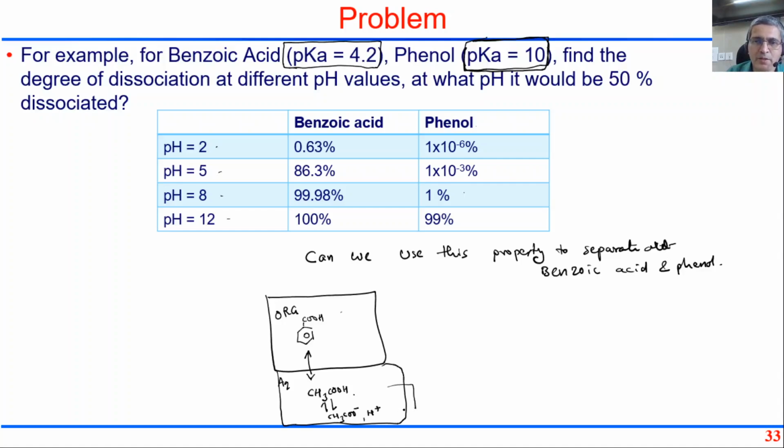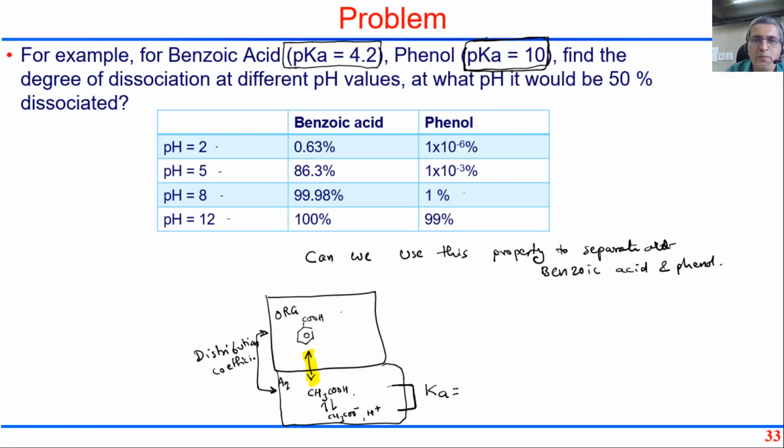This equilibrium in the aqueous phase is our Ka, and the equilibrium between the undissociated benzoic acid in the organic phase and the undissociated benzoic acid in the aqueous phase is our distribution coefficient.